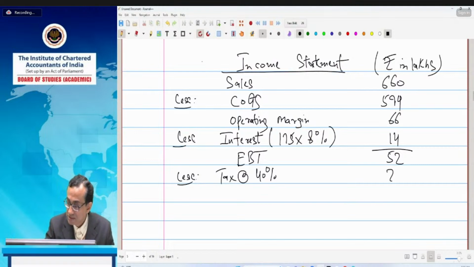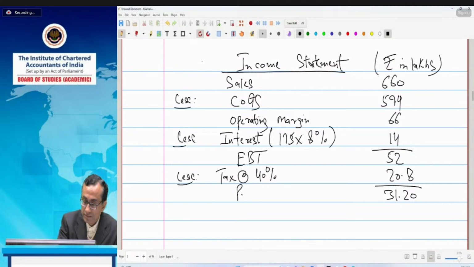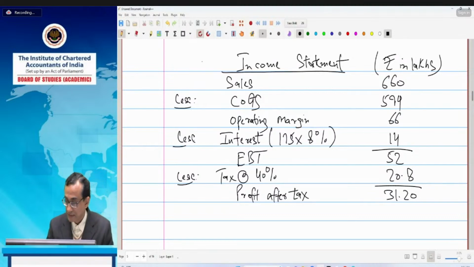So tax is 20.8. Let us deduct this figure. This is coming to 31.20. So this is profit after tax.